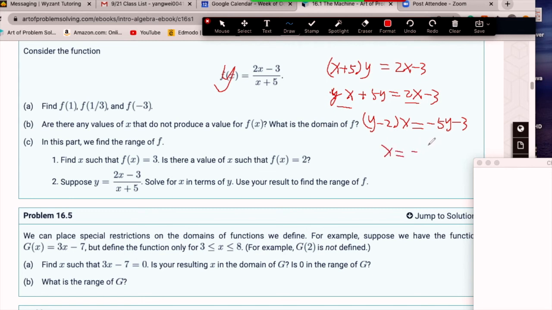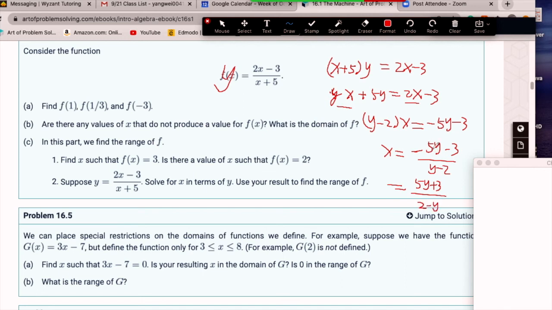You get x equals (negative 5y minus 3) divided by (y minus 2). So we can also write this as (5y plus 3) over (2 minus y).